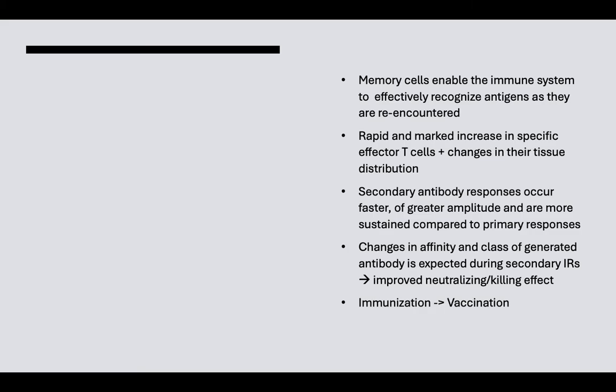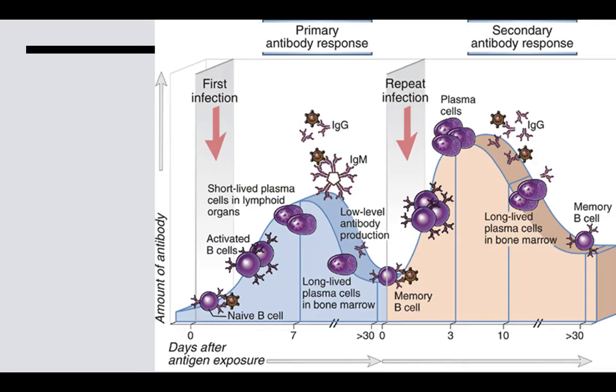So in subsequent exposures, where for example it's a real disease or a real pathogen that has entered the body of our animal or human, we expect that there are already memory cells that will respond to it. Okay? So this is a good summary of primary and secondary immune response.